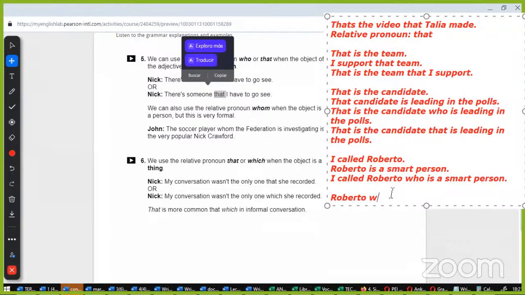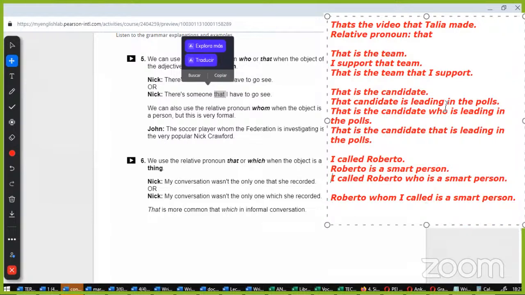Okay, so Roberto, whom I called, is a smart person. Because you called Roberto, right? So you call him. So you're trying to insert this in here. I don't know if you get it. And what is the real meaning of whom? It's the same as who, but it's used for the object.